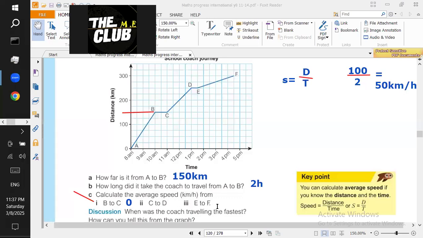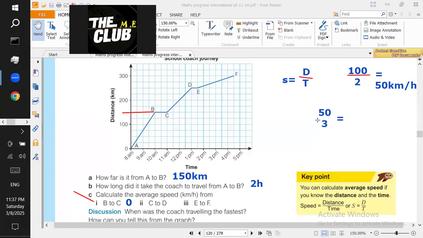Then E to F. First you find the distance. It started at 250 and ends at 300, so the distance is 50. You divide by the time, which is from 1:30 till 4:30. So how many hours? 1, 2, 3 hours.